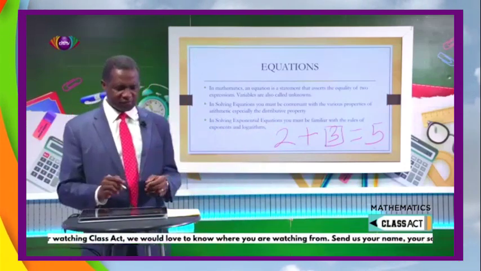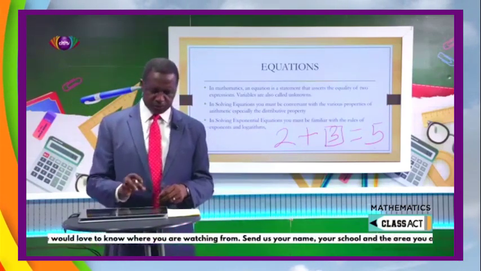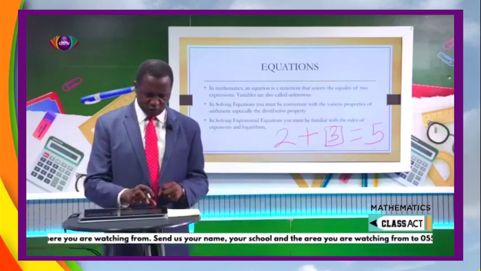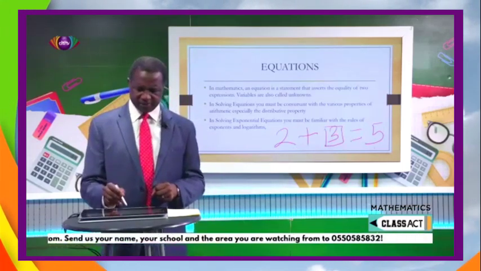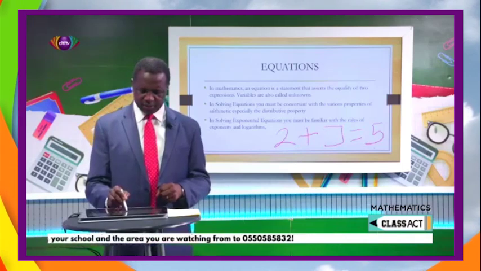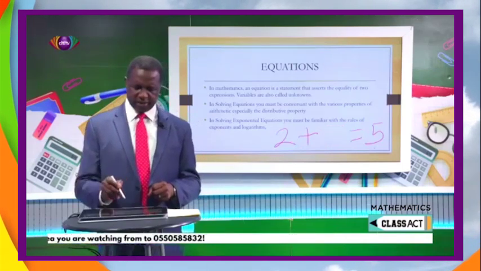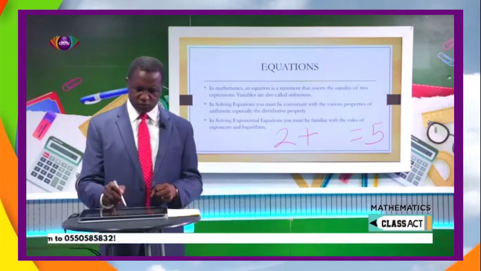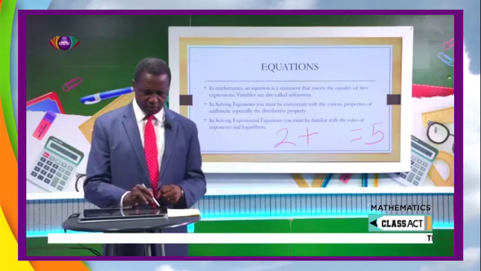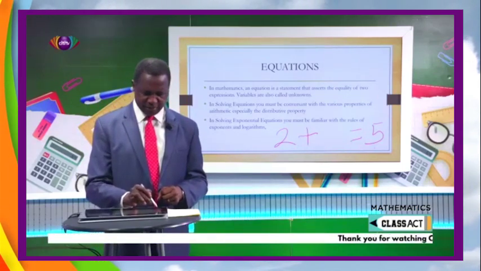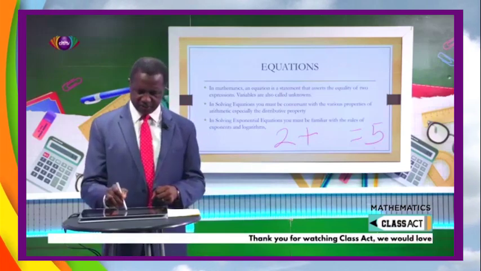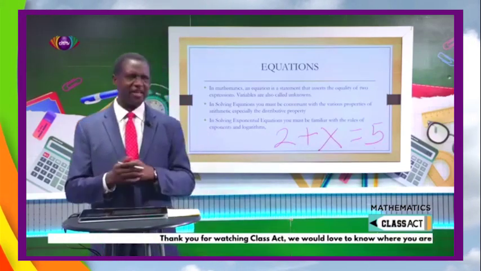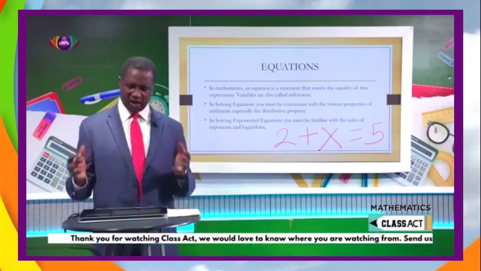So instead of the box, we'll say 2 plus x equals to 5.